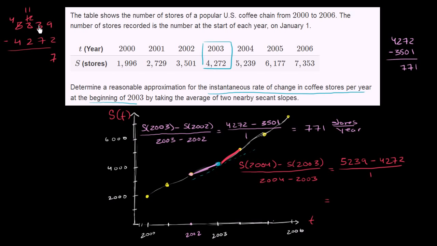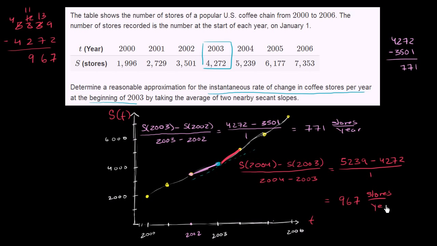And that gives us 13 tens. We took 100 from here, and that gave us 10 tens. So now we're ready to subtract. 13 minus 7 is 6, 11 minus 2 is 9, and then 4 minus 4 is 0. So it's 967. So this is equal to 967 stores per year.